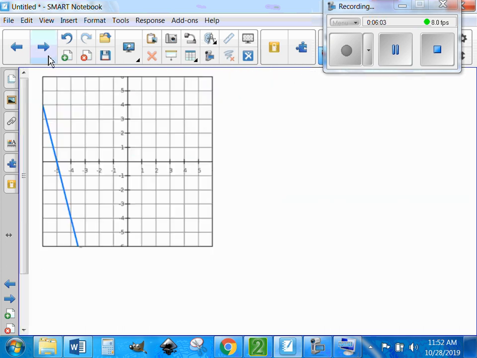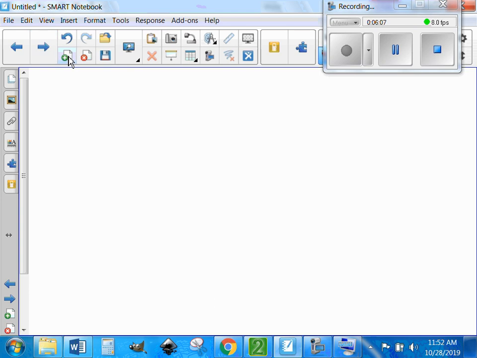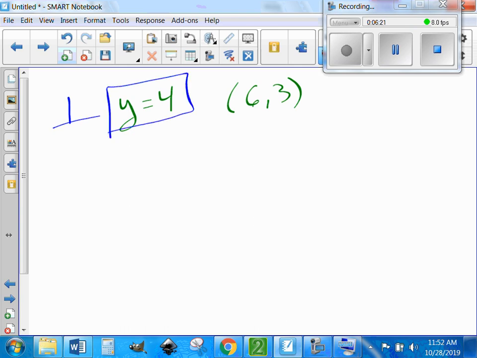Okay, so number 11. Perpendicular to y equals 4 and through the point (6, 3). So just the quick and simple rules here. If we're talking about one-dimensional lines, we don't need to think about slope and flipping and opposite. It's different when you're dealing with one-dimensional situations.